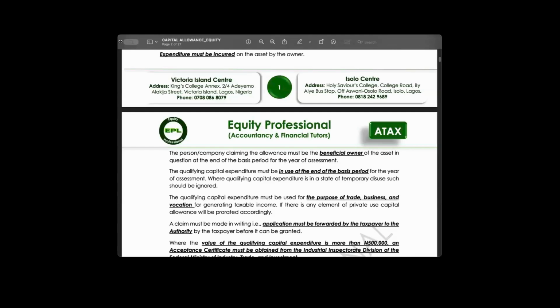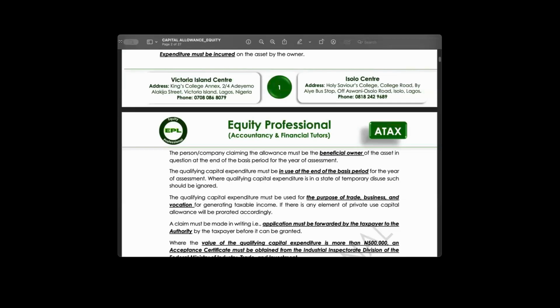So before you can say you want to calculate capital allowance, that asset must be used for the purpose of trade or business. Any private portion will be calculated and disallowed by the tax authority.